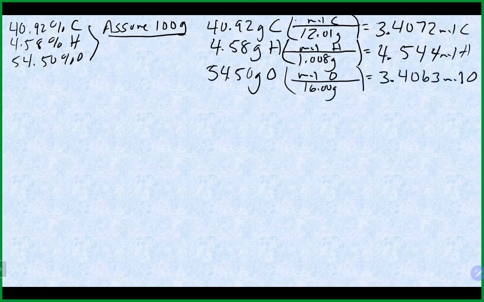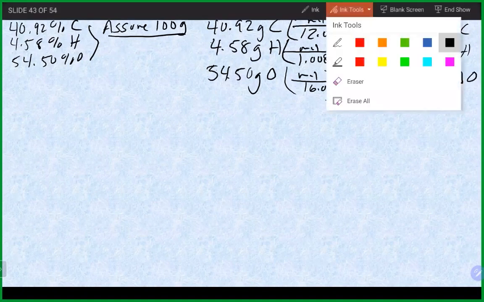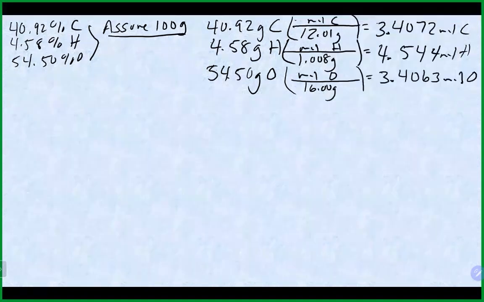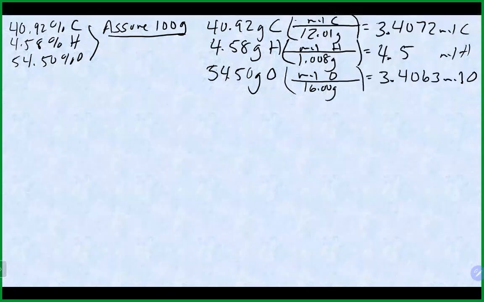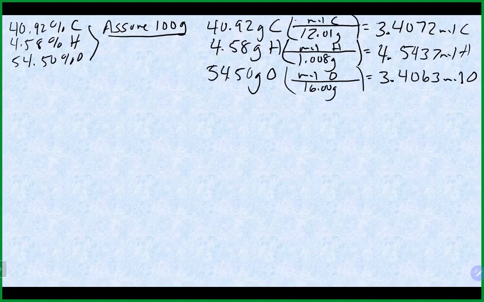I feel like I shorted a number there on the second one, so I'll write the same numbers, 4.5437. All right, any questions up to there? It's really the same calculation we've been talking about, periodic table, grams to moles. At this point, we have the moles of each of the elements that are involved.